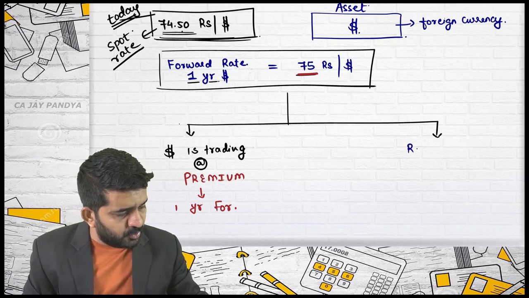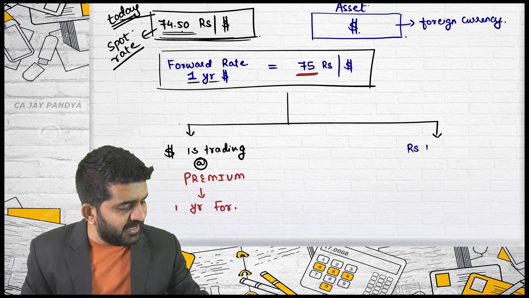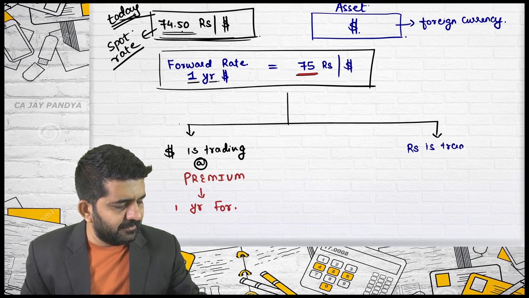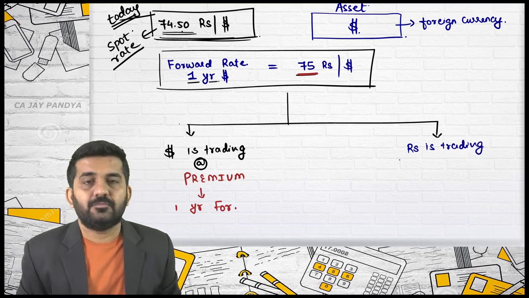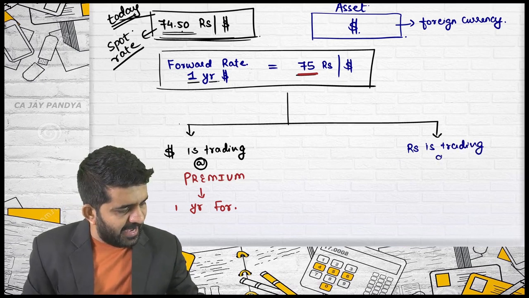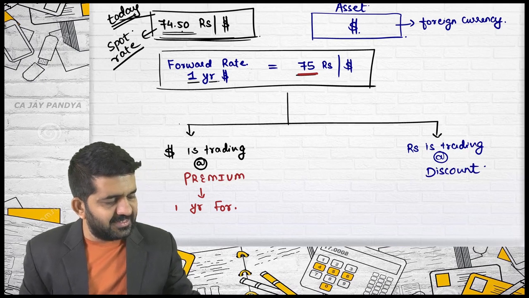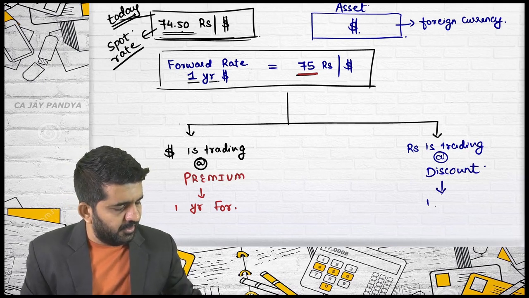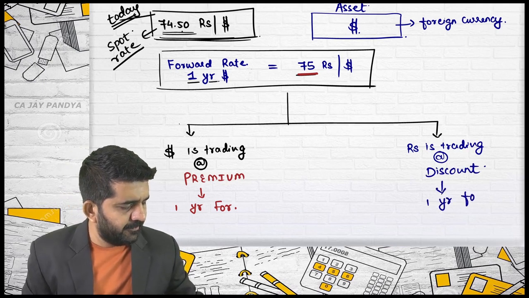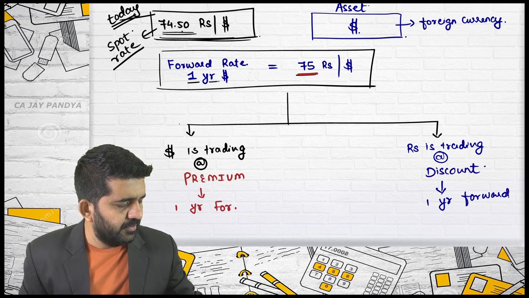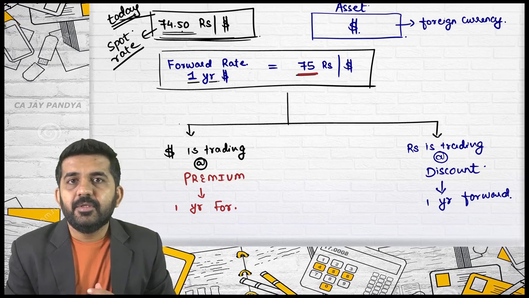Is it all? Try to concentrate. You can also say rupees is trading at discount in 1 year forward. Is it alright?